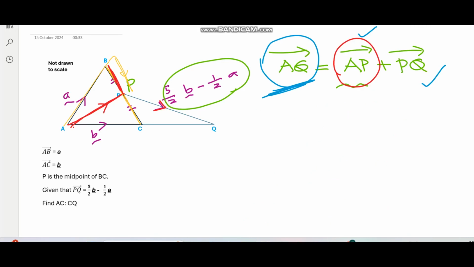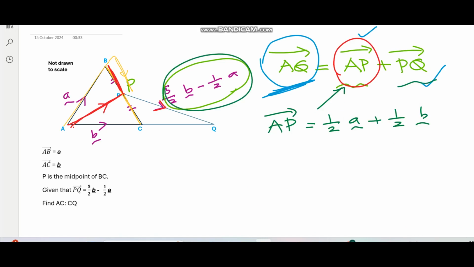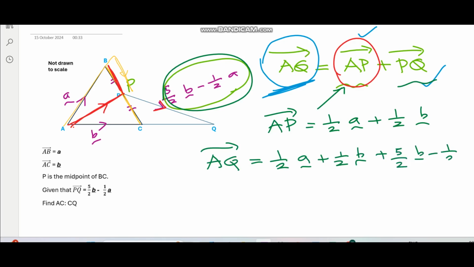So I've erased everything except what we need, which is AP, which we just worked out. So that's AP. PQ is this. So AQ is AP, half A plus half B, plus 5 over 2 B minus half A.